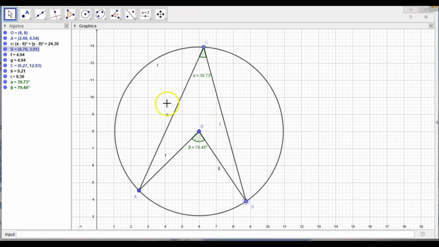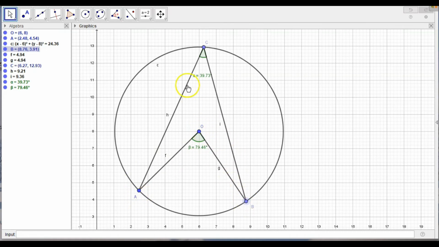Now, with this GeoGebra software, I have my circle drawn, and on the circle, I have 3 points, point A, B, and C. The center of the circle has been labeled O. Therefore, I've measured angle ACB, and I've also measured the angle at the center, which is angle AOB.